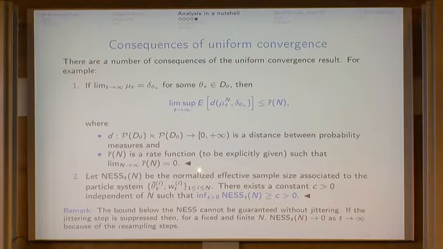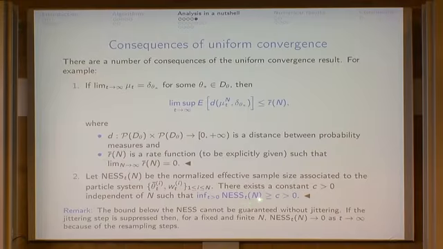And using not really the uniform convergence result, but some of the assumptions that we have made to prove it, you can also find very easily, this is almost trivial, a constant lower bound for the normalized effective sample size of your particle approximation in the parameter space.